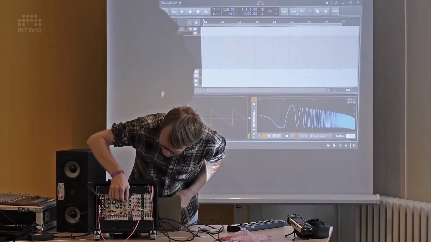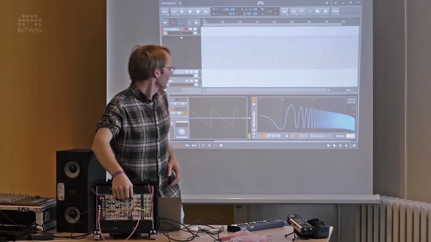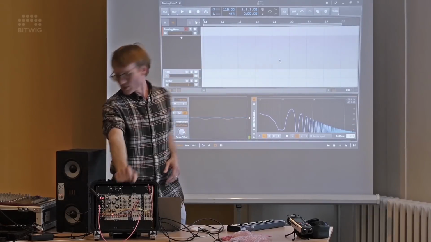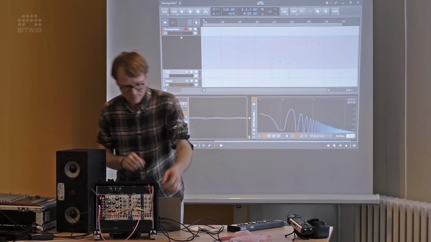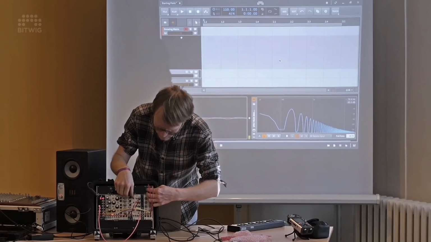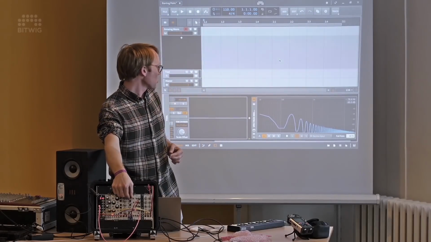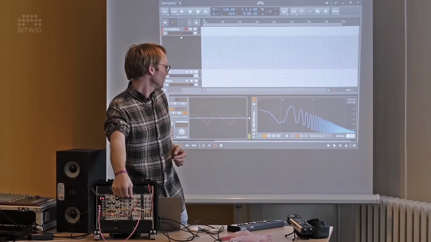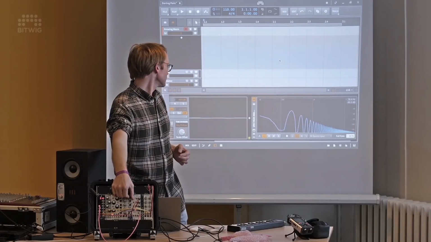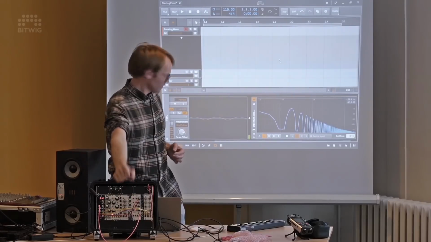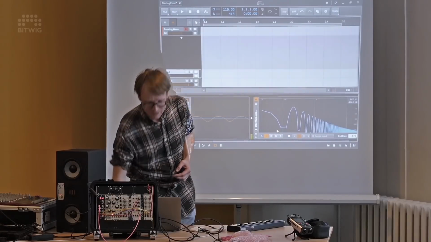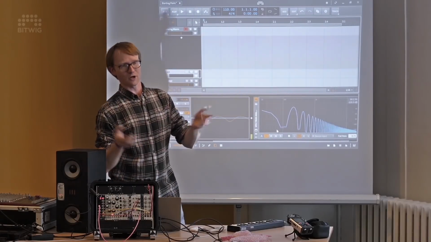Now, if I move my hand over to the filter, yes, our traditional happy low-pass filter, to start rounding off the shape. The traditional analogy given here that's pretty useful is that with subtractive we're basically doing sculpture.